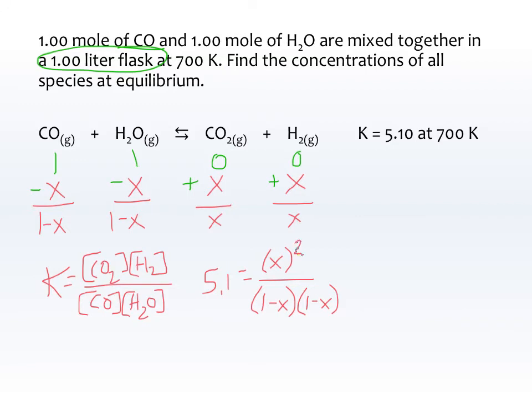And 1 minus X times 1 minus X, we could just as well say 1 minus X squared. If we do that, this becomes a much simpler problem. The math becomes easy because all I have to do is take the square root of both sides. So if I take the square root of 5.1, I will end up with 2.25.